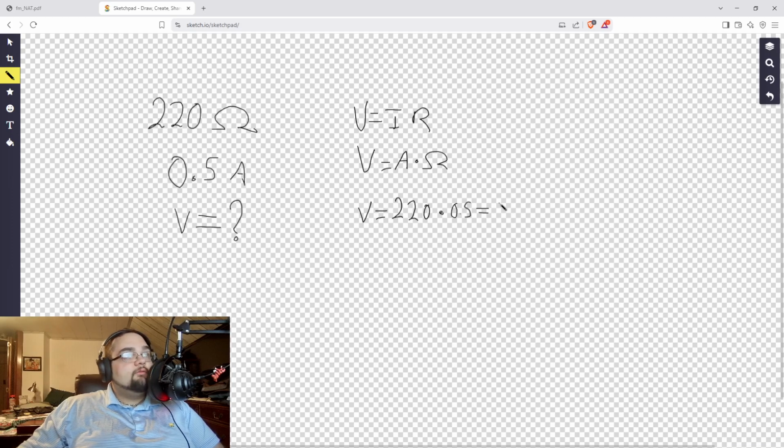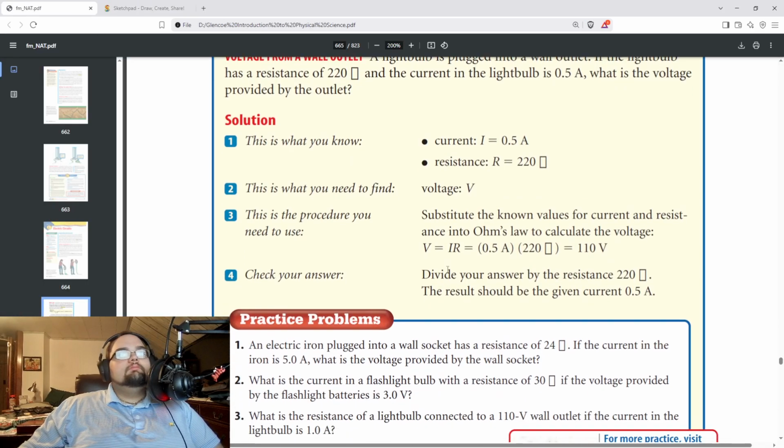So what's half of 220? It is 110. But we have a word problem, so we should have a word answer. 110 volts. Now you put the V, you're fine. I'm going to put volts just because I can. All right.